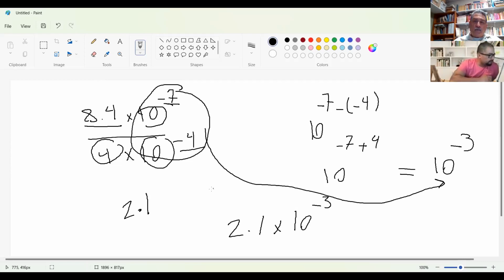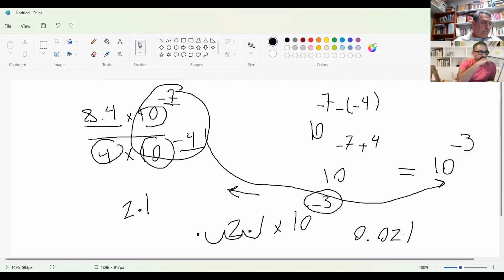Now, if I want to write it in decimal notation, remember, notice this is negative, so I have to move my decimal point toward the left because my exponent is negative. So I have to move it 1, 2, 3, and then put the decimal. So it would be 0.021.